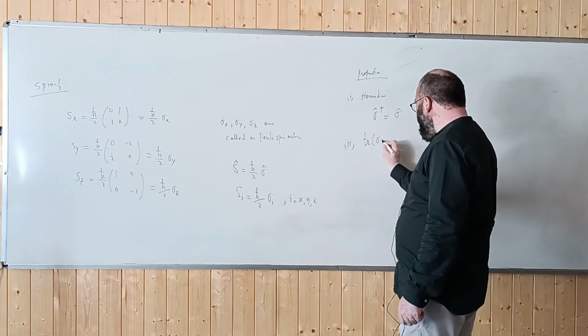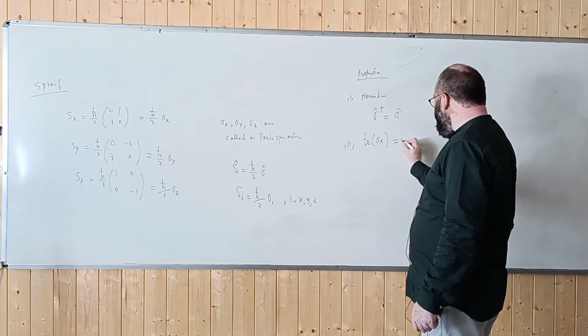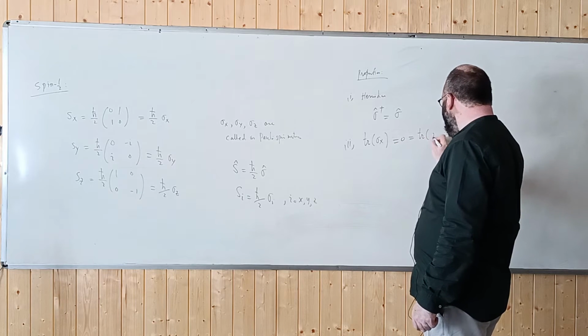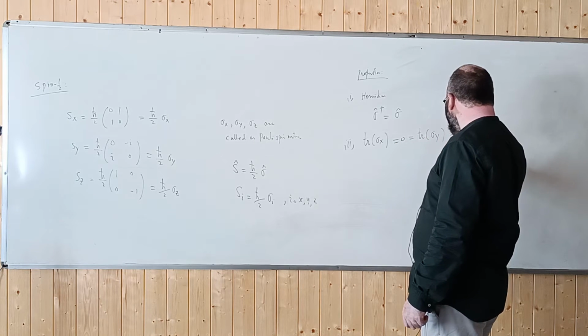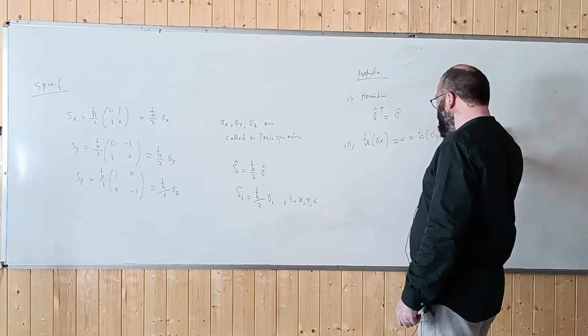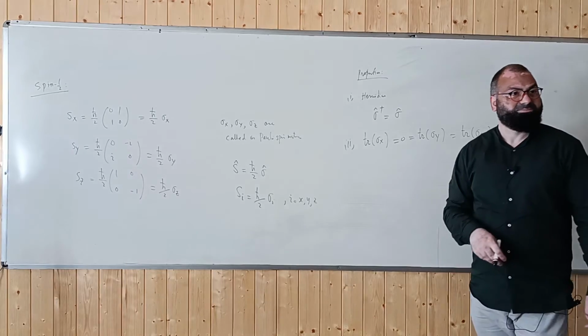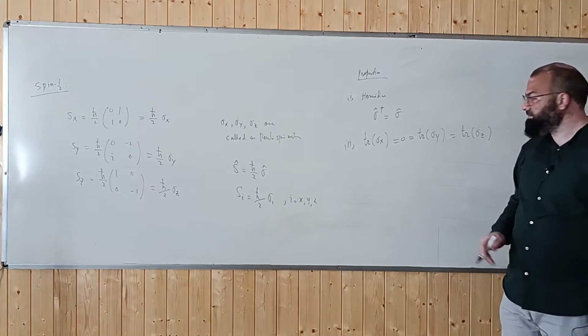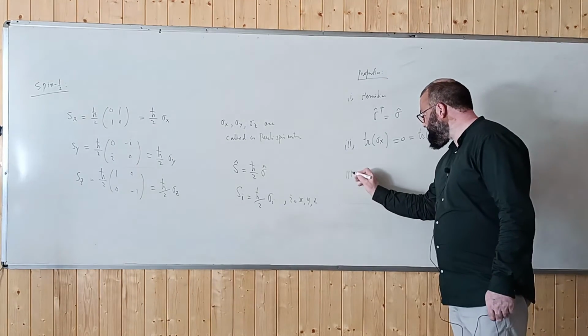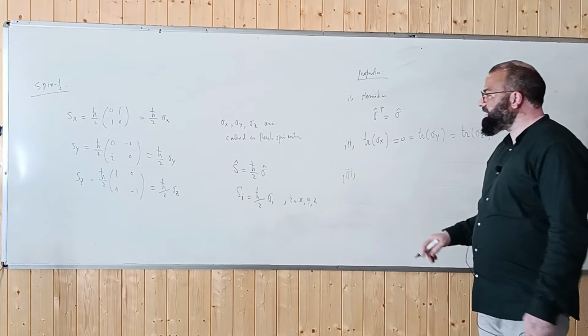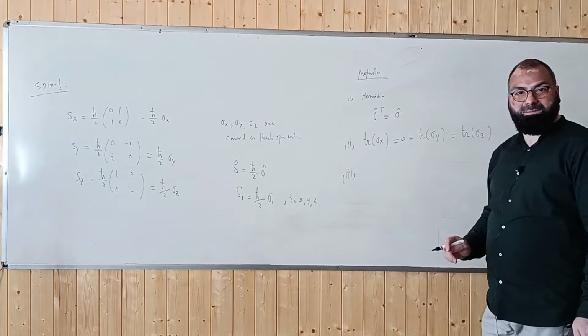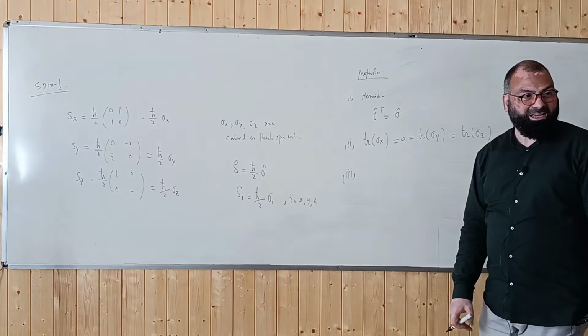The trace of sigma x is equal to 0, the same as the trace of sigma y and the trace of sigma z. So they are traceless operators. When you have traceless operators, that means you have equally positive and equally negative eigenvalues.